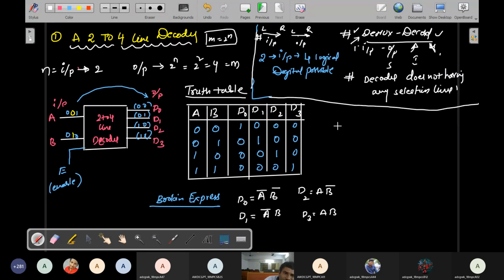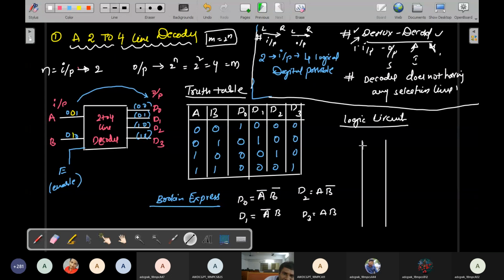Okay, so right now I want to draw the logic circuit. Here I explain the logic circuit by using this Boolean expression. First of all, you take the A and B terminals. This is the A terminal line and this is the B terminal line.